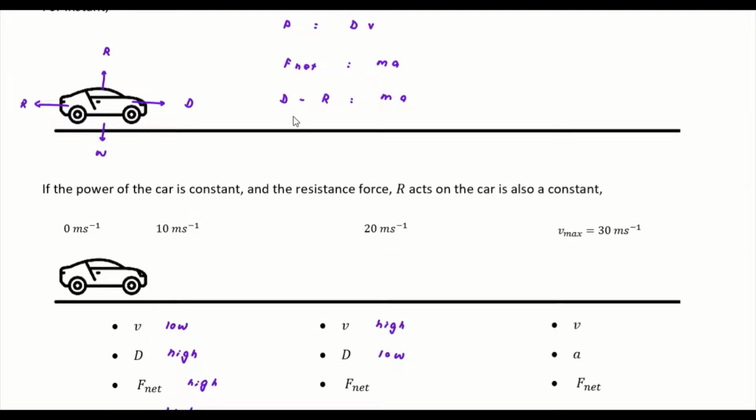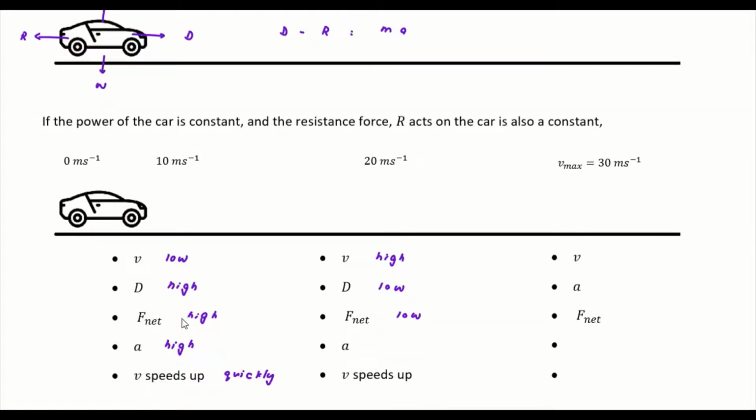When the driving force becomes low, a lower number is going to minus off the air resistance, which is still the same. So the net force that you have is going to be lower compared to the previous one. That's why the acceleration that you can generate is lower as well. If A is low, then V actually speeds up slower.